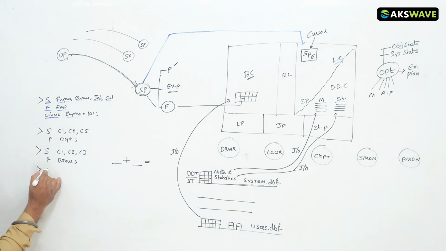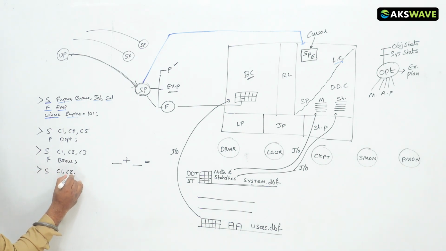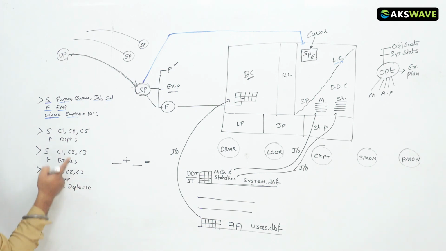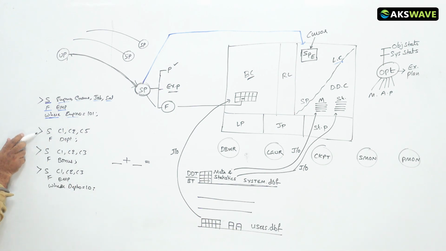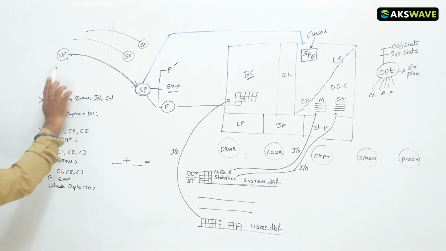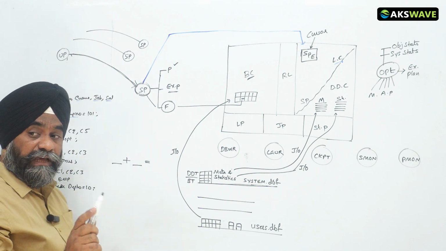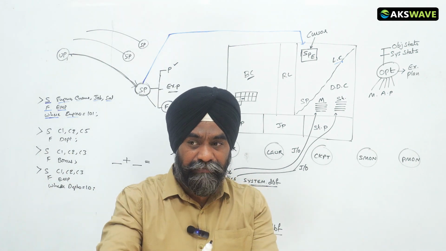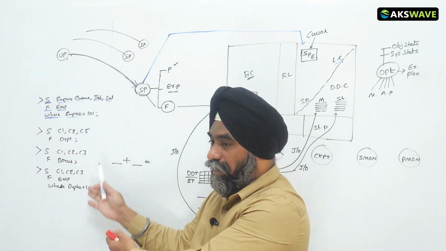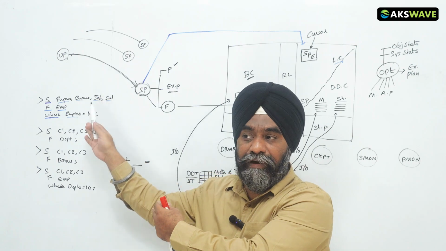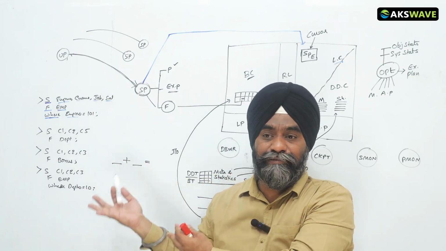And also he might have said select column 1, column 2, column 3 from EMP only, but where department number equals 10. This is different. So each statement, whatever the user submits, are they all unique or are they the same? By our naked eyes itself we can identify, yeah, they're all different tables, different columns, different queries.